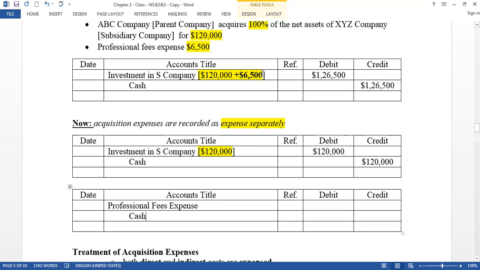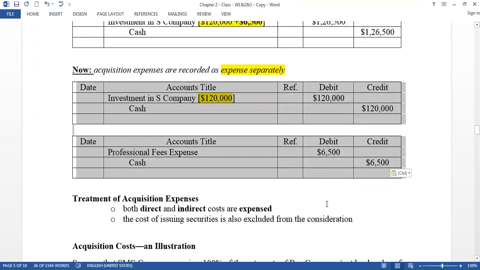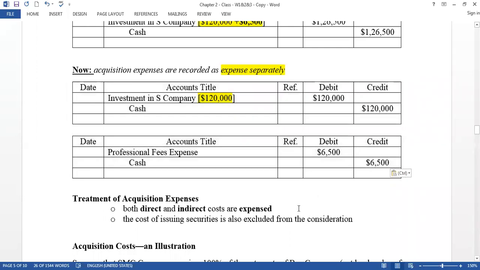It is 6,500. So now we have two journal entries separately. Do you understand here? We have more examples, don't worry.